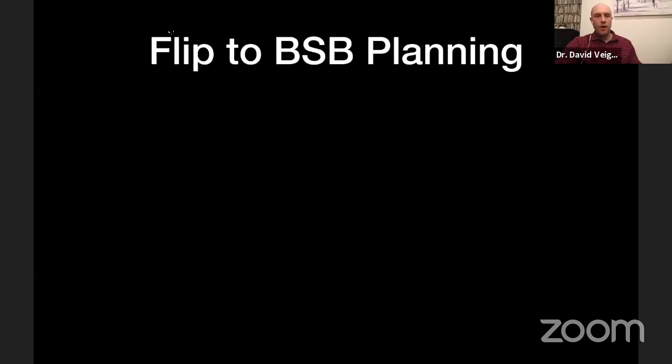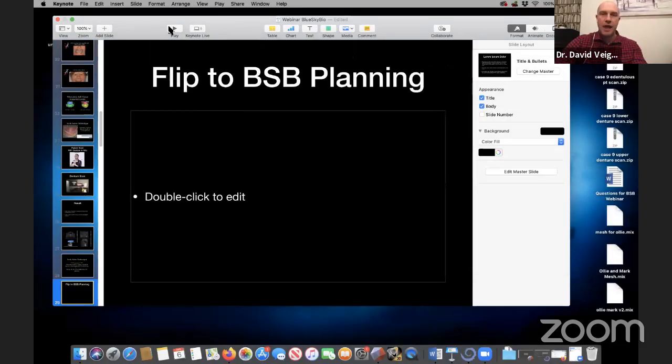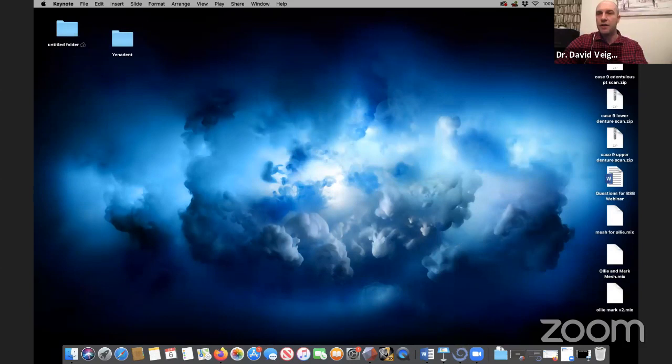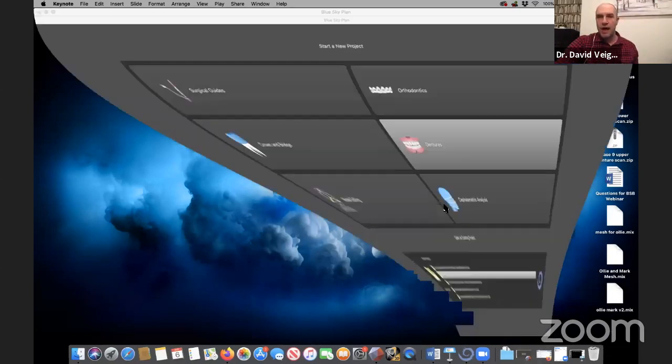Okay, so what I'm going to do now is flip through to a planning case. This is actually one of the cases that I use on my teaching on the course, and it was given to me by Corey. It's a really nice case, which I don't believe is actually one of Corey's cases, it's one of his colleagues. So we're going to go into the BlueSky Bioplan.